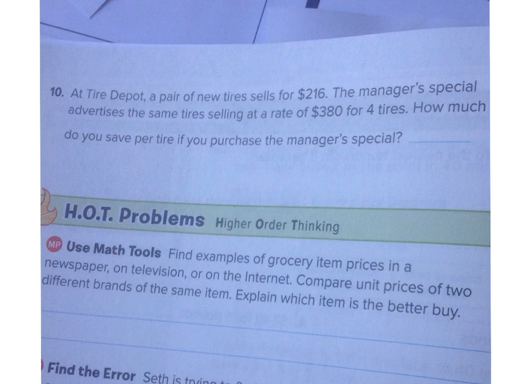To figure out number 10, we're going to figure out each unit rate and then compare the two. So for the first cost, it is $216 for a pair of tires, so for 2 tires, which equals $108 for one tire.